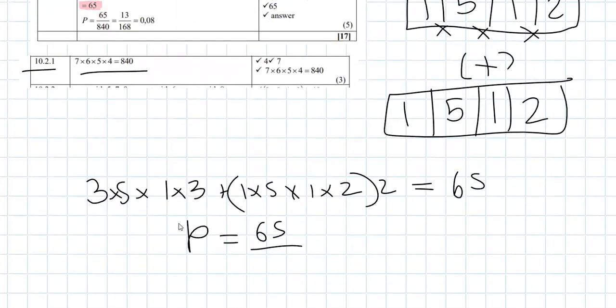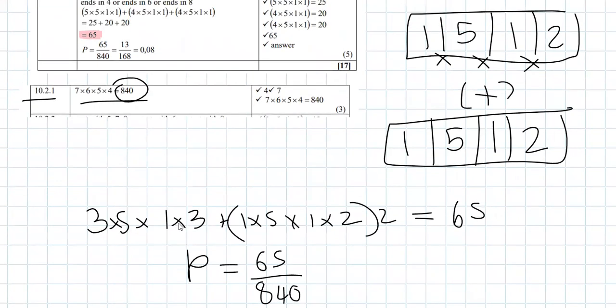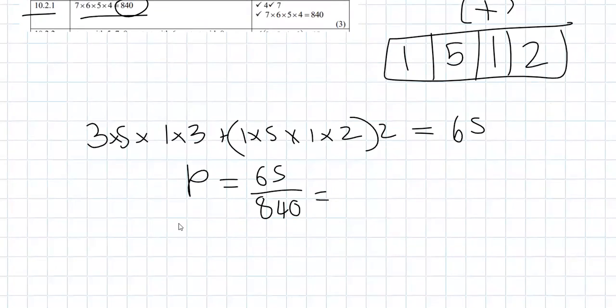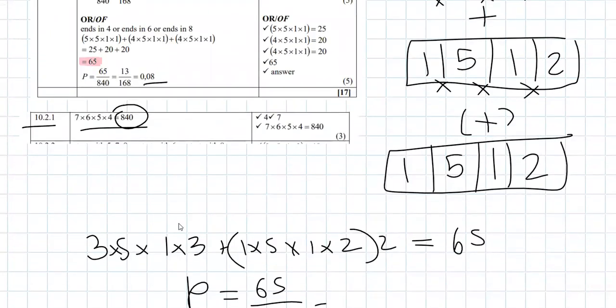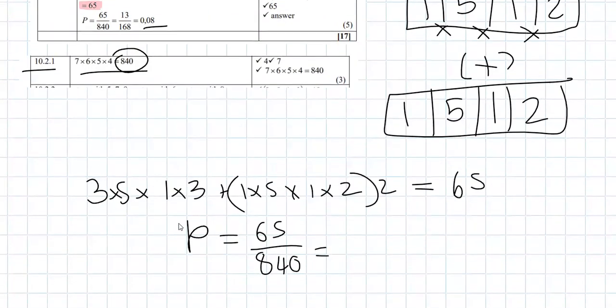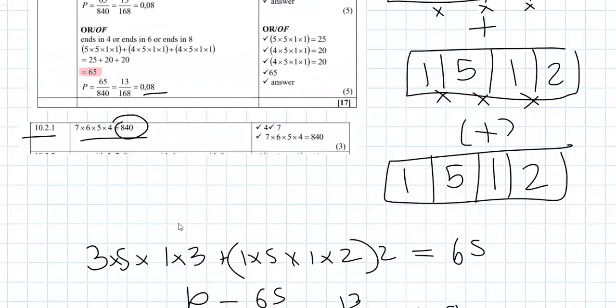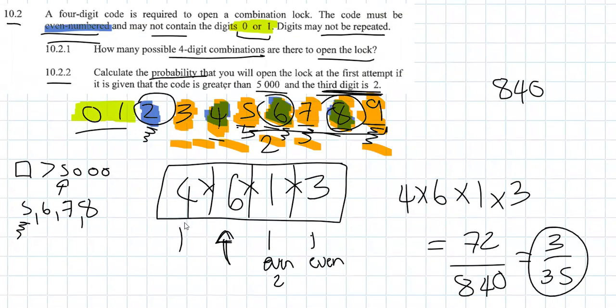The total number of ways the code could be was 840. And we want to fully simplify that and see it's better to give the answer as a decimal form. Okay. Not my favorite, but fascinating how it works out.